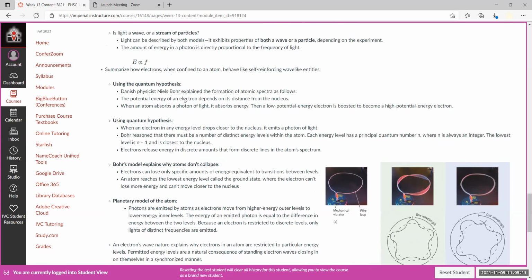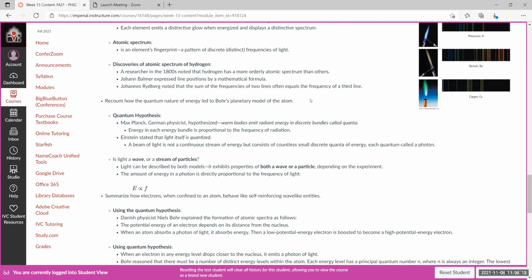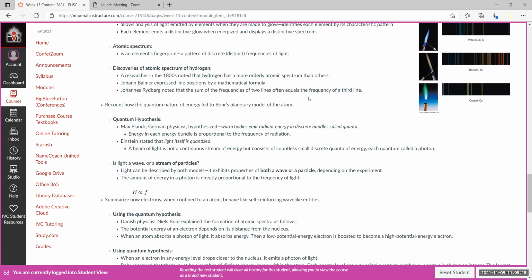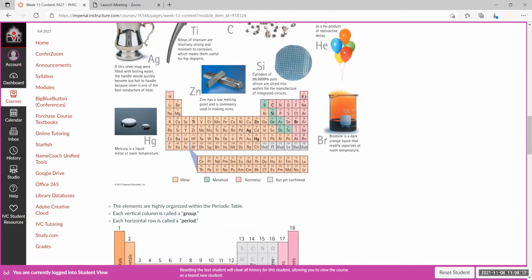But he tried very hard to extend it to other elements and couldn't, unless the other element behaves like hydrogen. Take helium and remove one of its electrons, and now it's like hydrogen, just an ionized helium. Same thing with lithium: take 2 electrons off and leave 1.